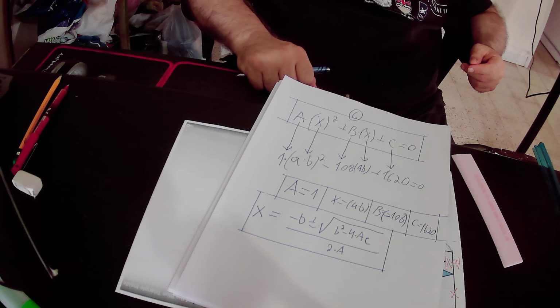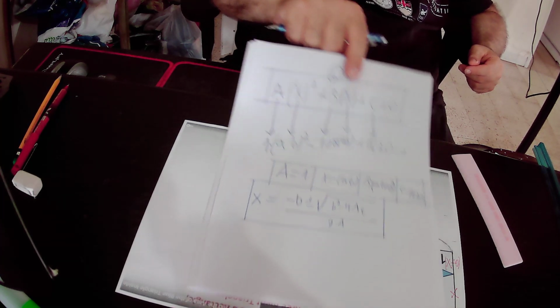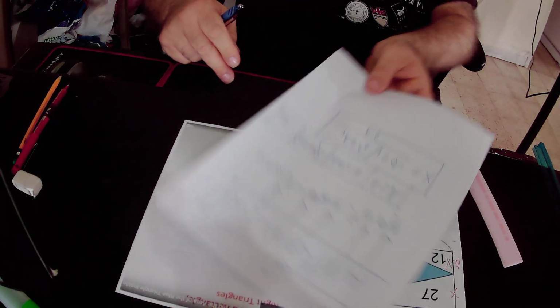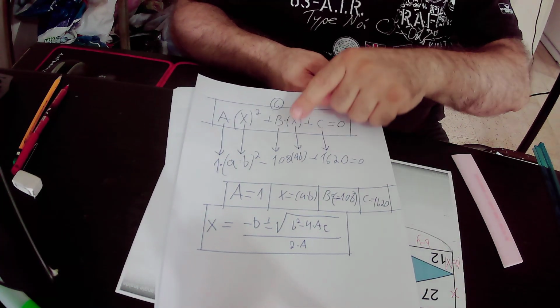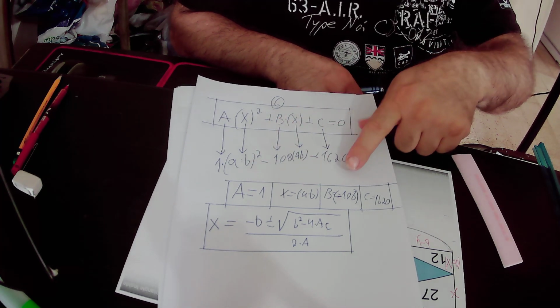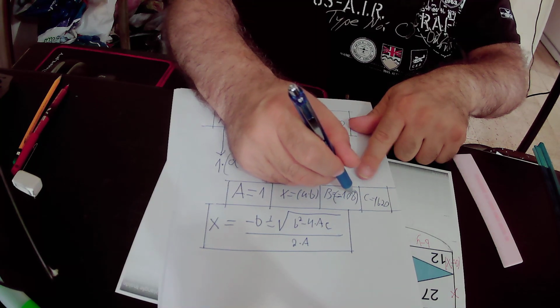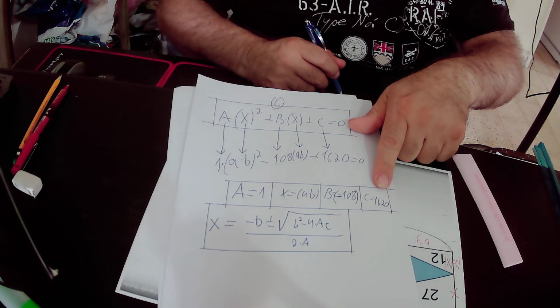So in our specific quadratic equation, x equals a times b, a equals 1, b equals negative 108, and c equals positive 1620.